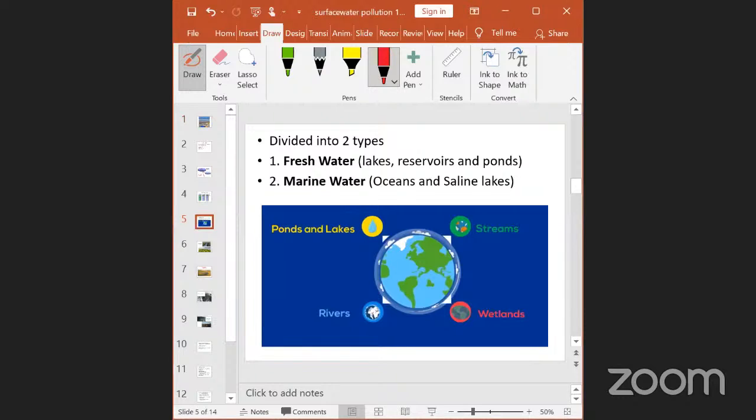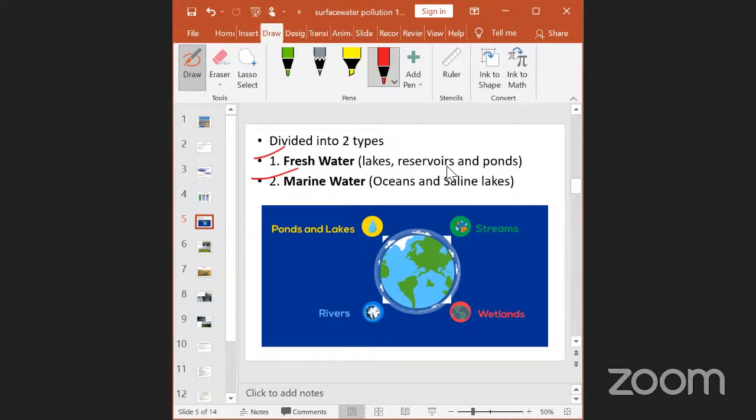Next, surface water can be studied in the following ways. The first one is fresh water and the second one is marine water. Surface water originates mostly from rainfall, and it is a mixture of surface runoff and groundwater.